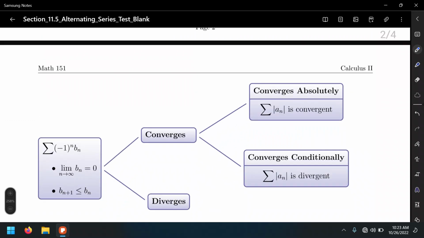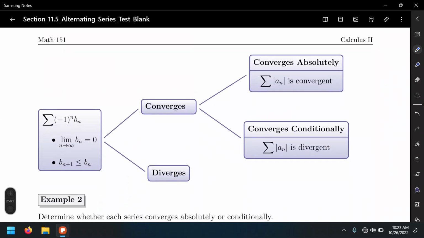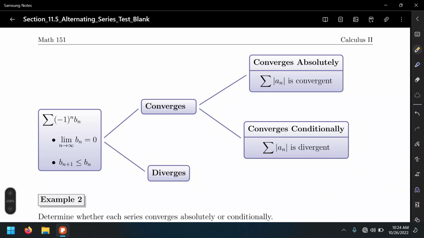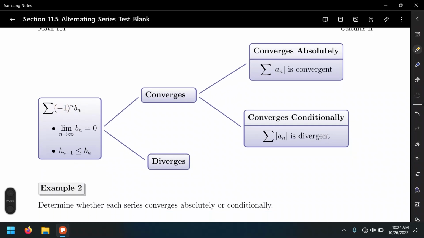Okay, so this flow chart right here is going to help us. It's kind of a roadmap to follow when it comes to alternating series. So let's have a look at this flow chart. Number one, we start with an alternating series, and we need to check the two conditions.